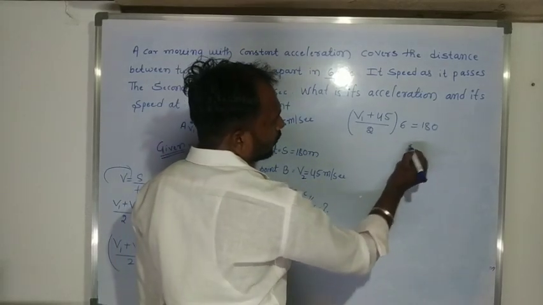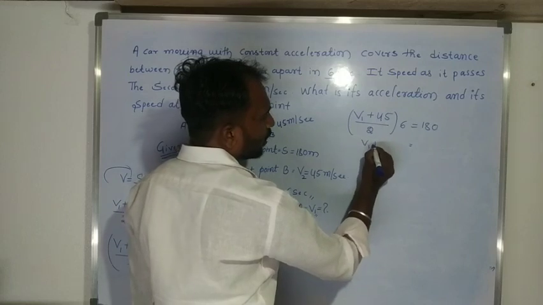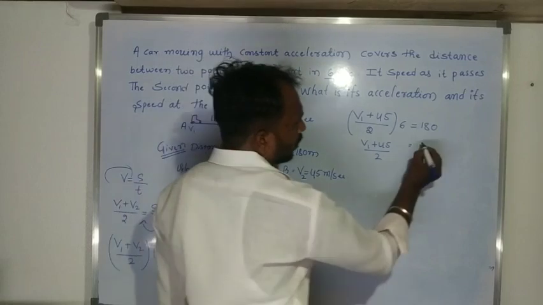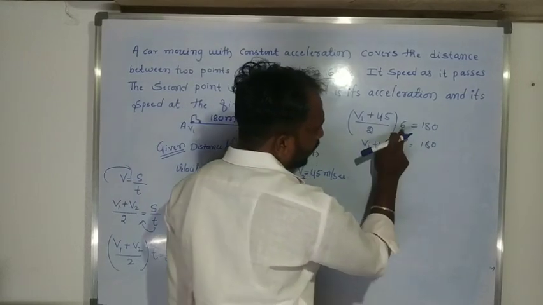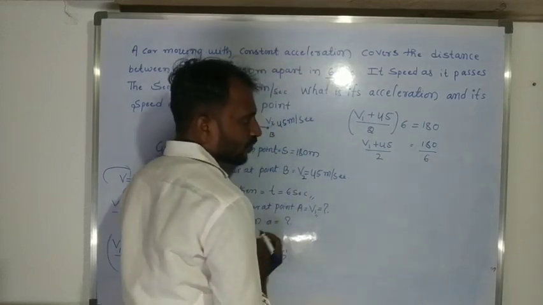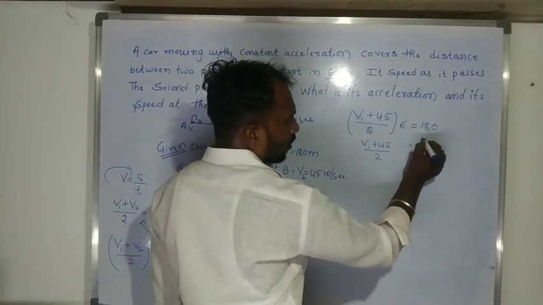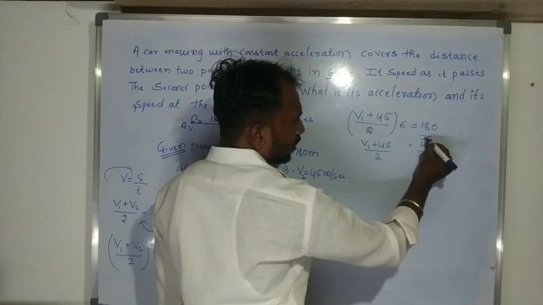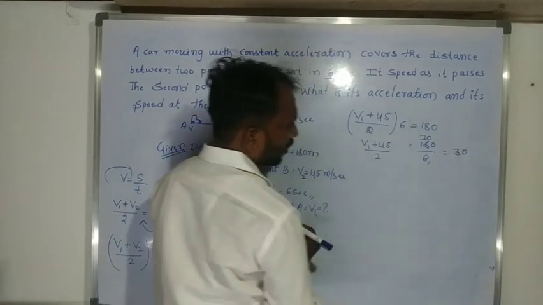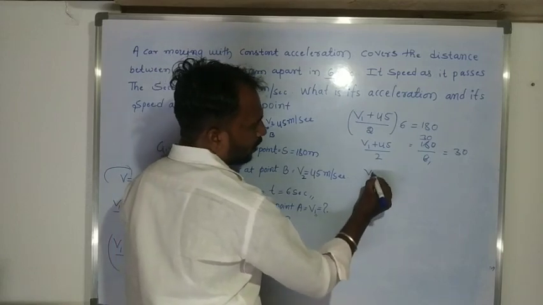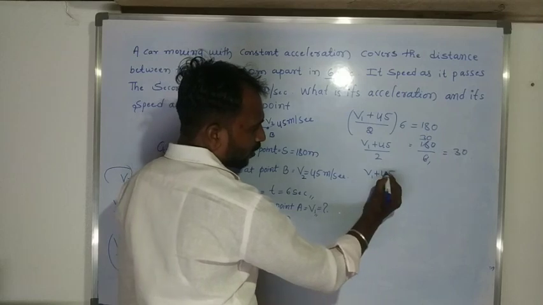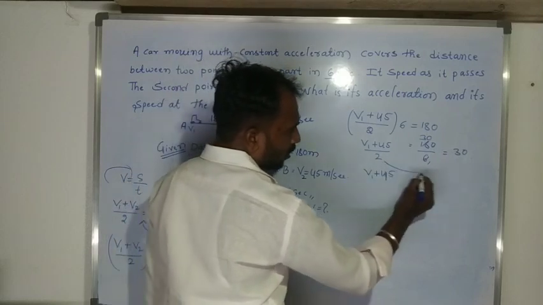So v1 plus 45 divided by 2 equals 180 divided by 6, which is 30. So v1 plus 45 divided by 2 equals 30.